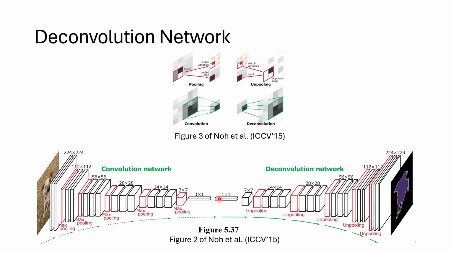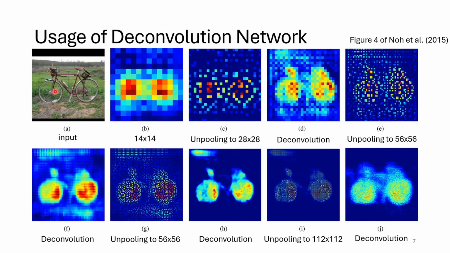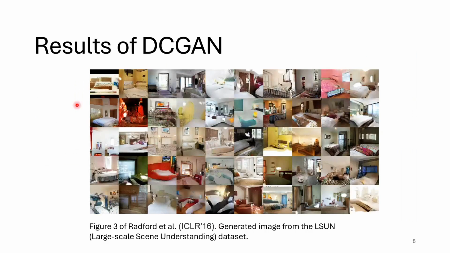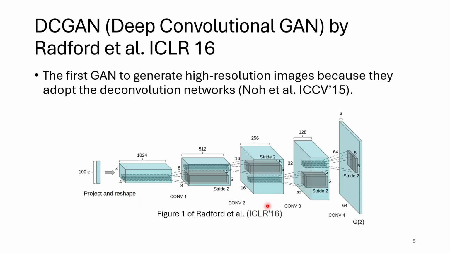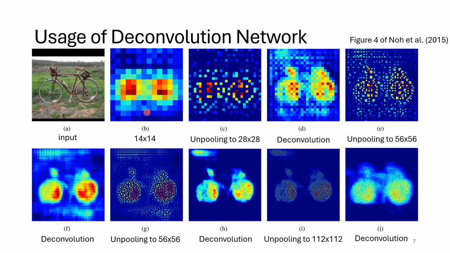And let's see how it works. For example, this is a bicycle image. From the bicycle image, as you can see, they can generate a 1x1 dimensional signal. And when they upsample it to 14x14, it should look like this one. And this is unpooling.